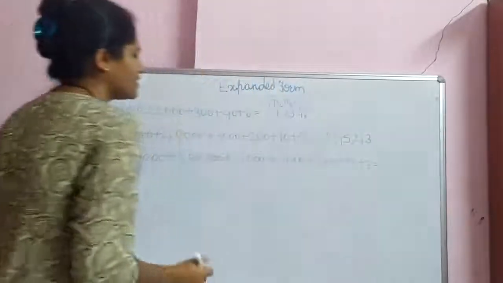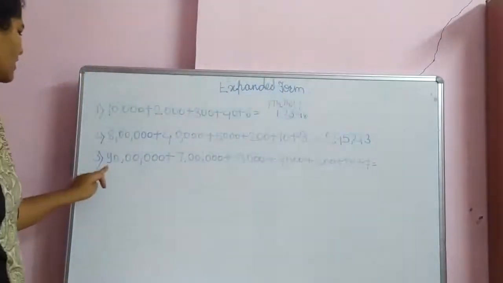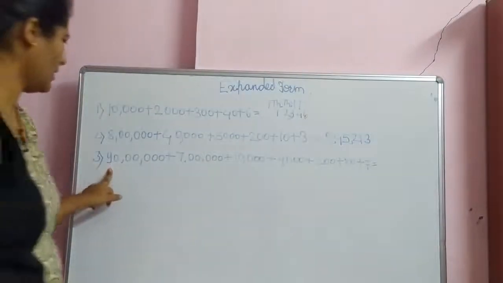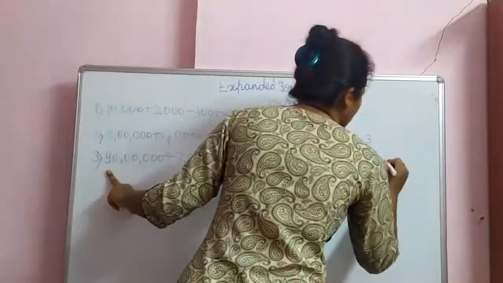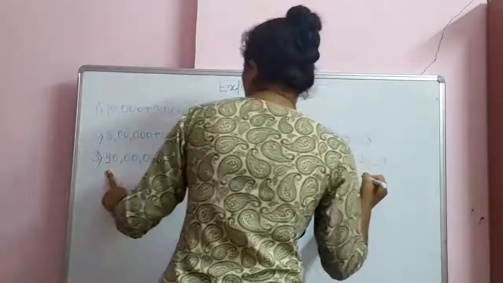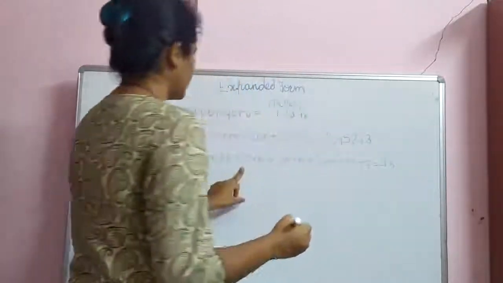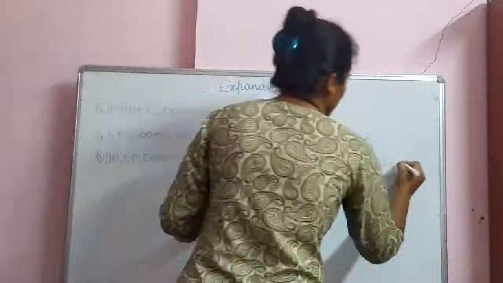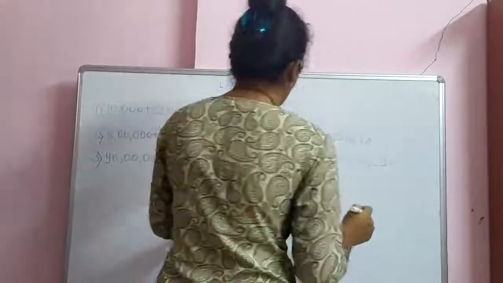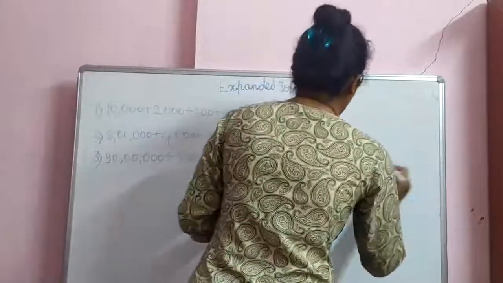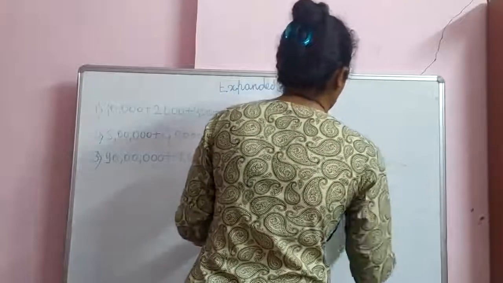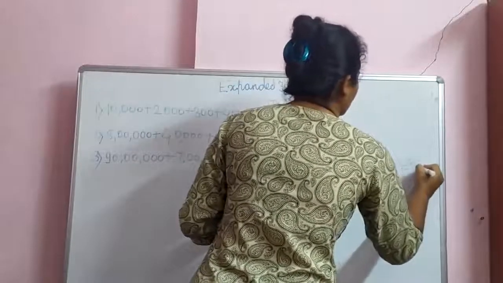So now write the standard numeral for this. Firstly, which number is there? That is the 9. So we write here 9, then 7. Then what is the next number? 1. Then next 4. Next 2. Then 8 and then 7.